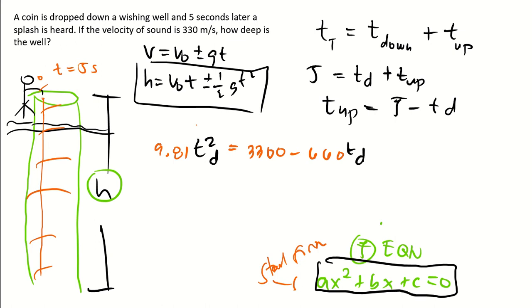So, sa standard form, magiging 9.81 T squared D. Okay? So, ito ay magiging plus, kasi minus siya eh. So, magiging plus 660 TD. Okay? So, itong 3,300 magiging minus 3,300 is equivalent to 0.